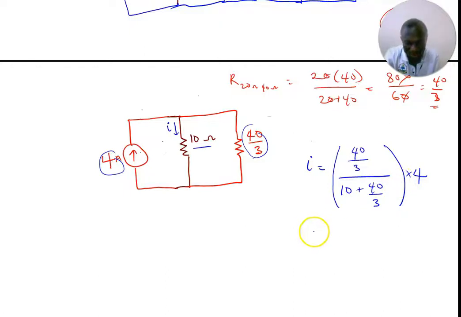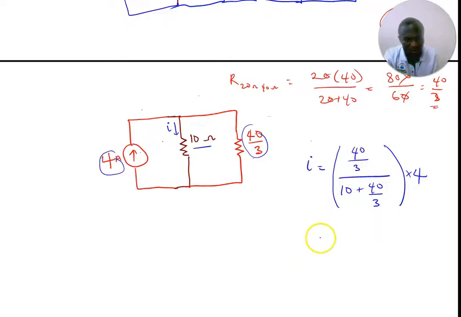And if I compute this, what do I get? Let me see, 40 on 3, all divided by bracket 10 plus 40 on 3, bracket close, times 4.